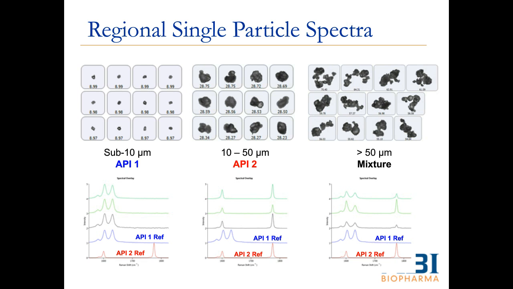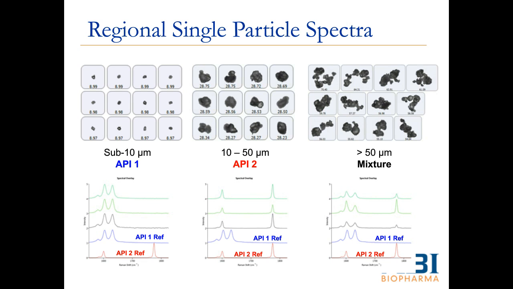So looking at this example here, API 1 was majority less than 10 micron, the smaller size particles in the complex mixture, whereas API 2 existed predominantly in the middle range, I'll say, the 10 to 50 micron. And then above 50 micron, that's where we started to see mixtures where we had agglomerates of each API coming together in the suspension.